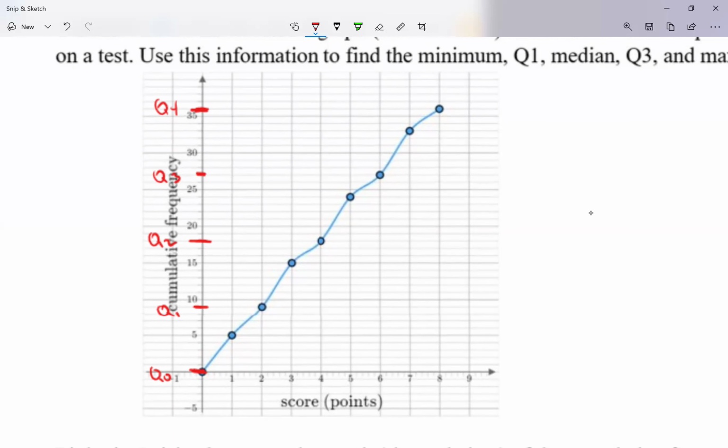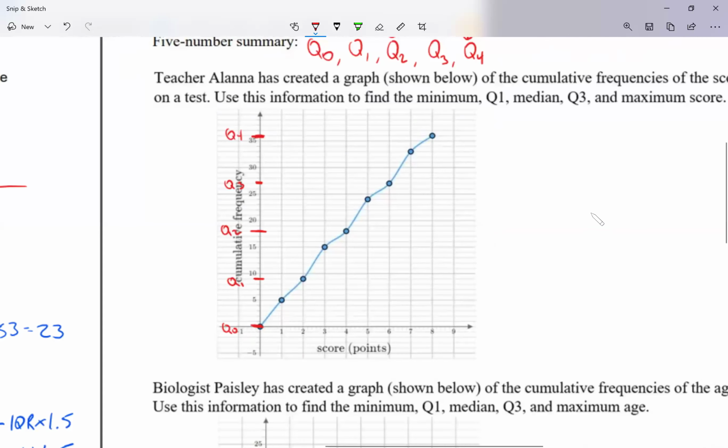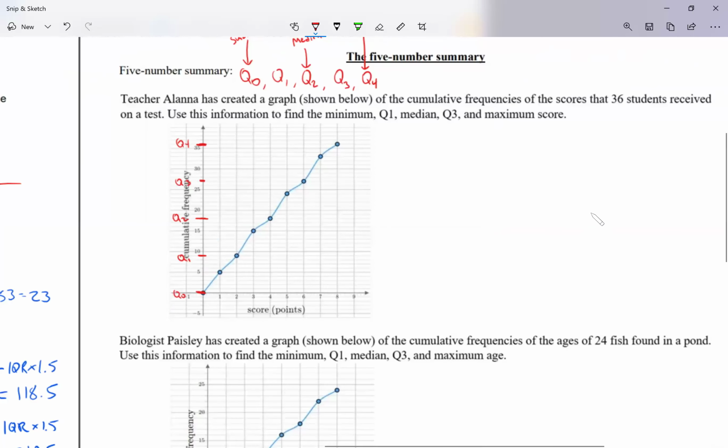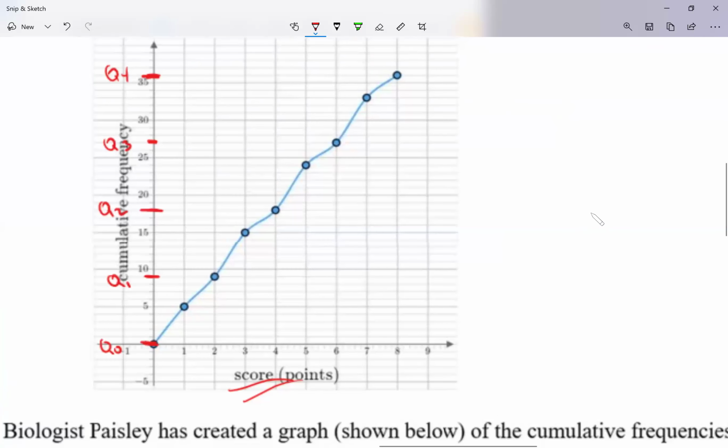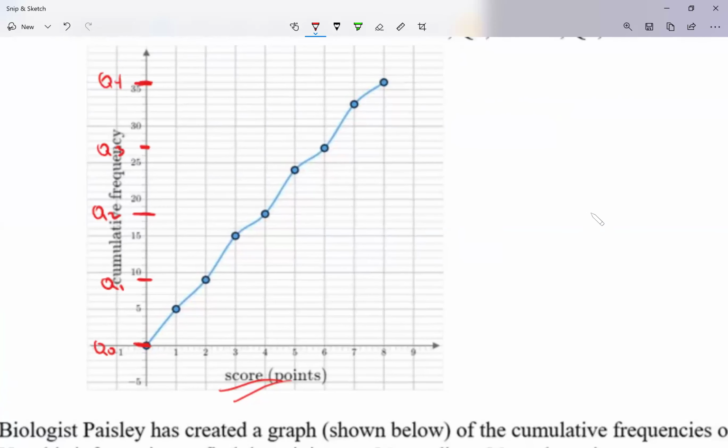Now here, they're asking me about the scores, right? Because notice how we have a cumulative. Use this information to find the minimum, quartile 1, median, quartile 3, and maximum score. Isn't the score my X values? Okay, so this is how I'm going to find this out. For my quartile 4, let me follow this.